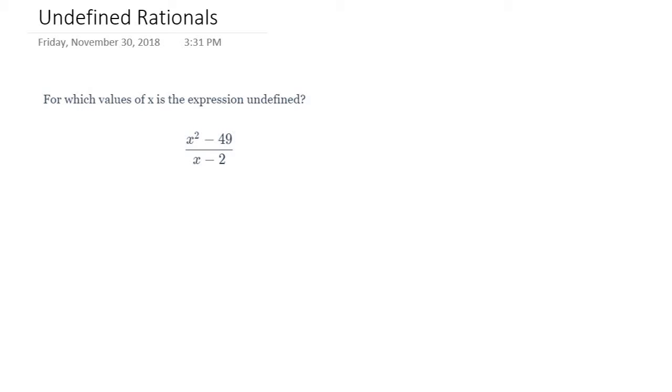If you look carefully, first of all, you know that we do not want to divide by 0. Let me show you why we don't want to divide by 0. If I have, for example, 0 divided by 2, I know the answer is 0, because when I do 2 times 0, I will get 0.